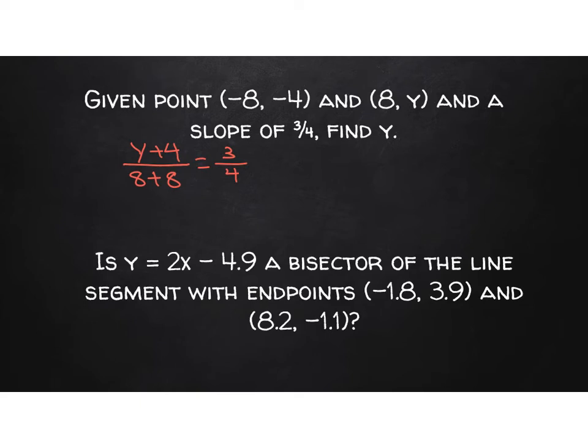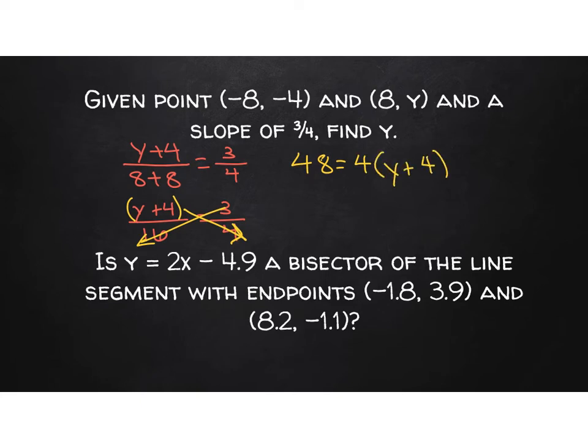Clean it up a little bit in my next line. So I get y plus 4 over 16 equals 3 over 4. And now I'm going to cross multiply. So I'm doing 16 times 3, y plus 4 times 4. And I'm left with 48 equals 4 times y plus 4. When I divide by 4, I have 12 equals y plus 4. So y equals 8.